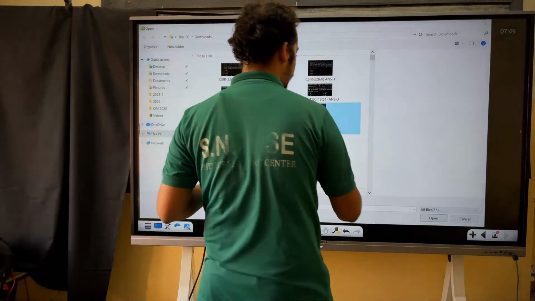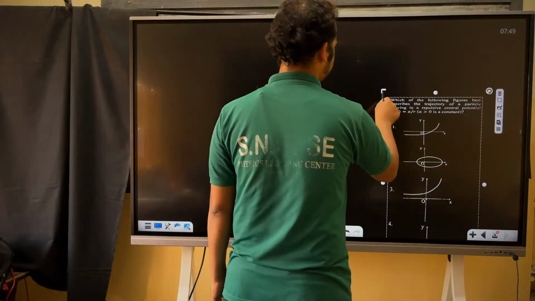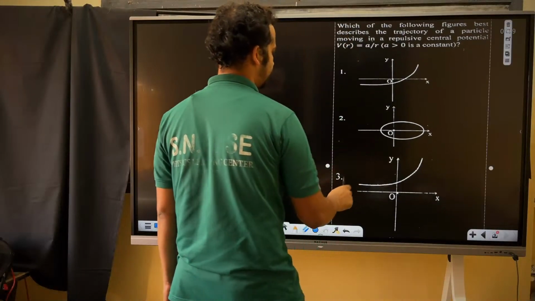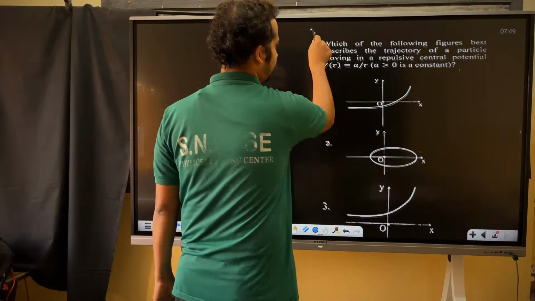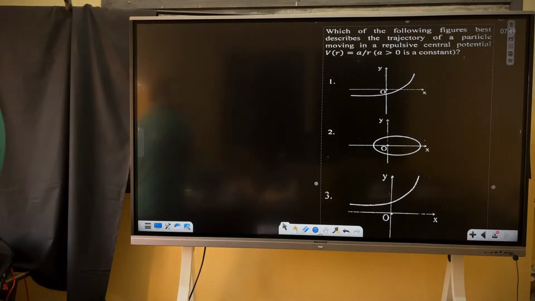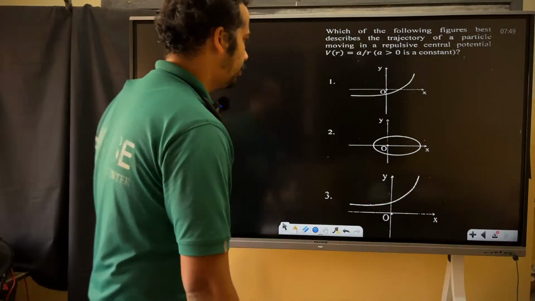This problem you should answer without solving, just by logical idea. For a particle moving in a repulsive central potential, O is the center of the potential.